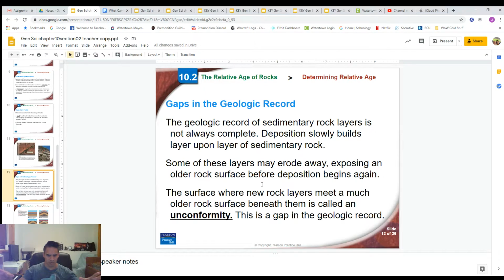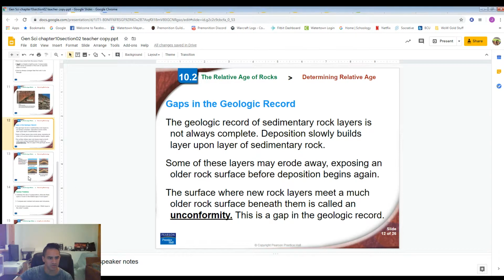Deposition means that deposits of other rock layers will slowly build upon a layer of sedimentary rock. Some of these layers can erode away, which exposes older rock surface before new layers get deposited on top of those again. And so the surface where new rock layers meet a much older rock surface beneath them is what we call an unconformity. It's usually a gap in the geologic record.